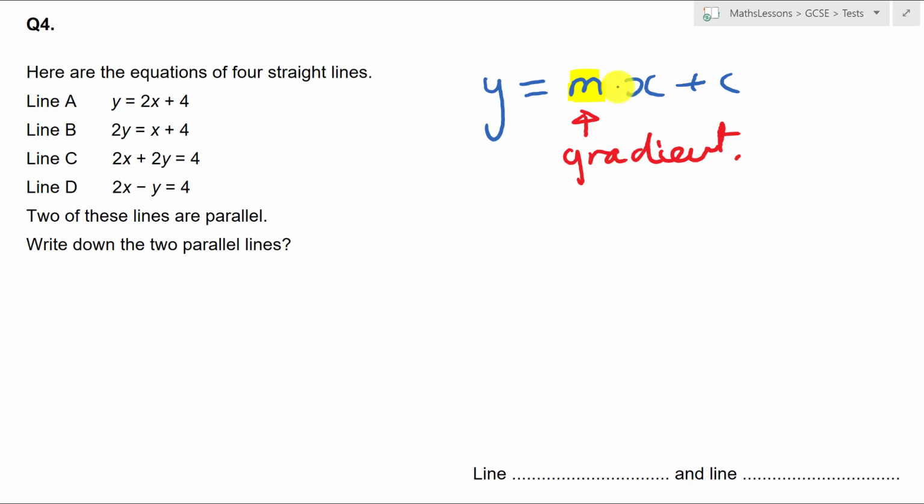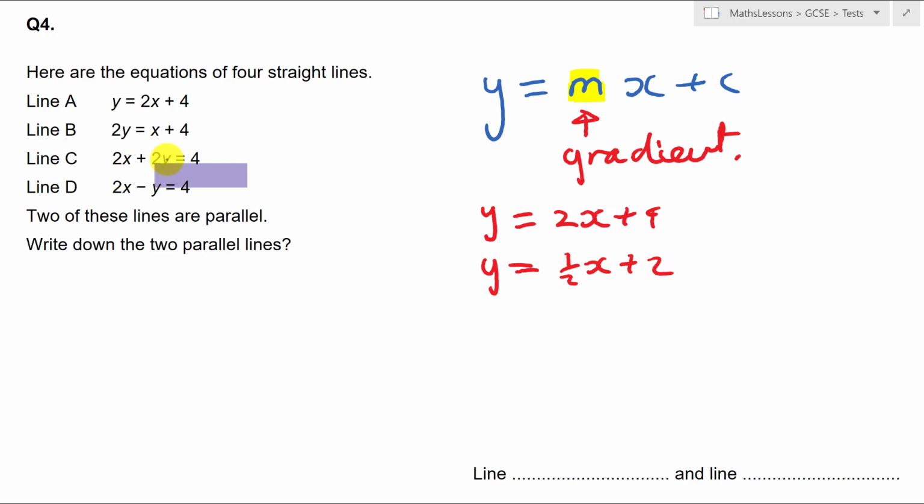So what we need to do is get these all in the same format, so it's y equals mx plus c. So the first one needs no change. It's y equals 2x plus 4. Now the second one, we need to divide by 2 to get the y on its own. So we get y equals x divided by 2 is a half x, 4 divided by 2 is plus 2.